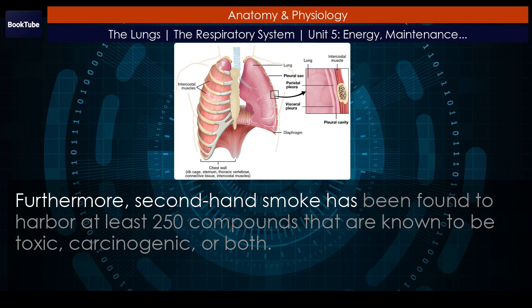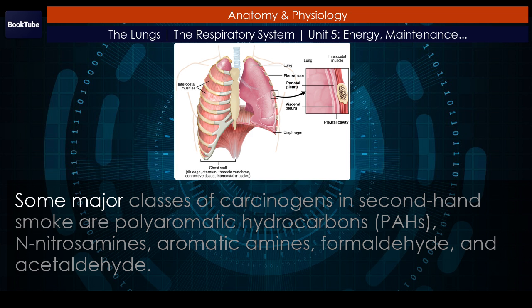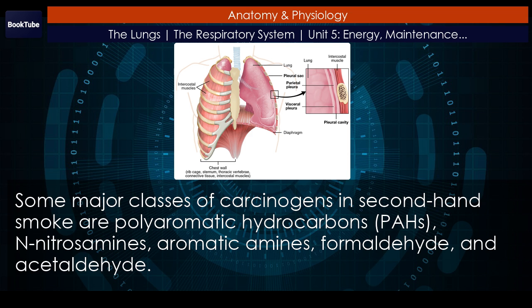Furthermore, secondhand smoke has been found to harbor at least 250 compounds that are known to be toxic, carcinogenic, or both. Some major classes of carcinogens in secondhand smoke are polyaromatic hydrocarbons, PAHs, N-nitrosamines, aromatic amines, formaldehyde, and acetaldehyde.